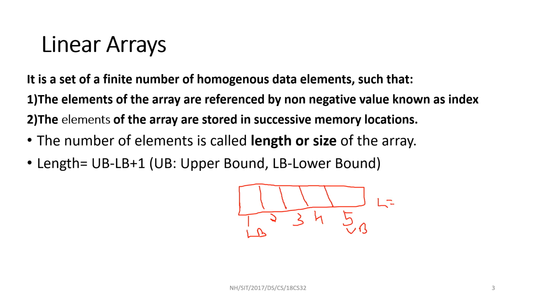Length or size equals UB, that is 5, minus LB, 1, that is 4, plus 1, that is again 5. So the lower bound does not matter. You can start from any number. Length can be computed as UB minus LB plus 1. Here we are not skipping the index value. The index value is continuous. Once you start from some number, the values are continuous.